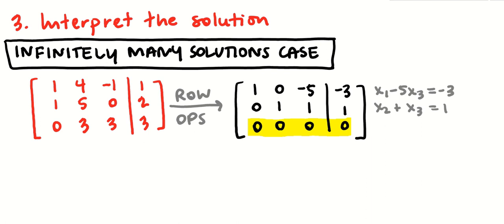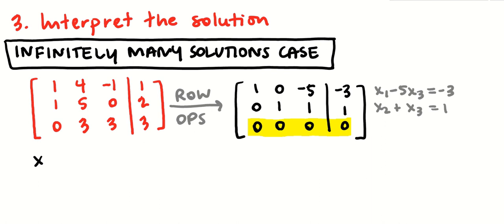What I recommend doing is taking the variables that those leading ones represent and solving for those in terms of the other ones, which will be the free variables, the ones you solve in terms of. So I'm going to solve for x1 and x2.